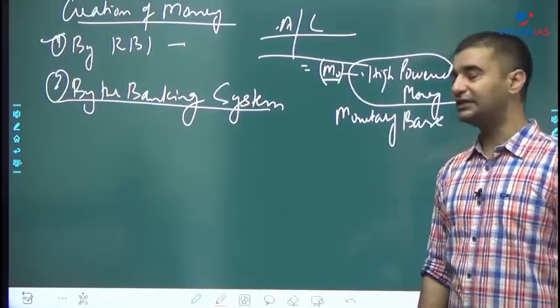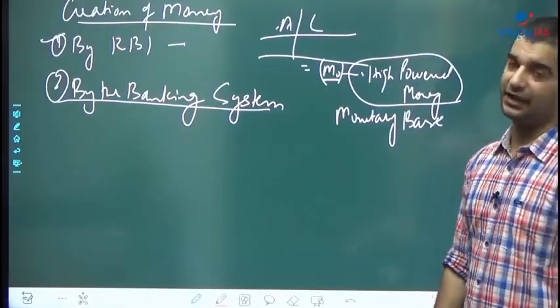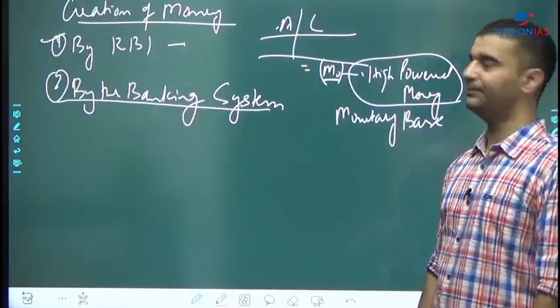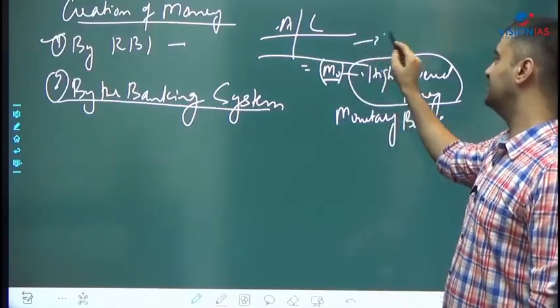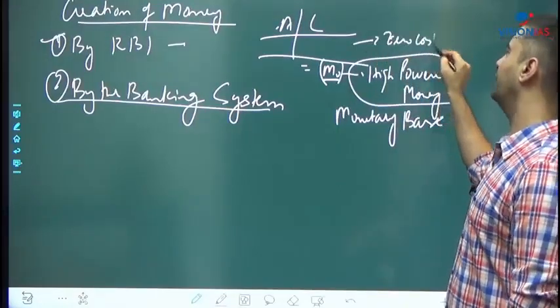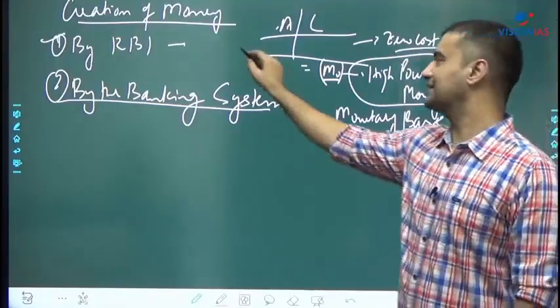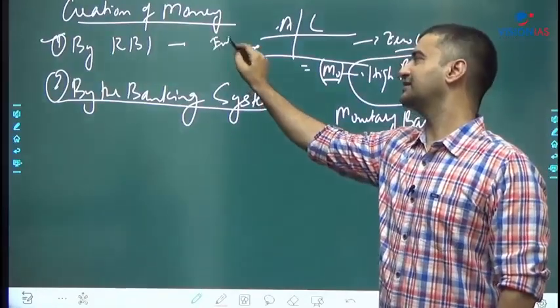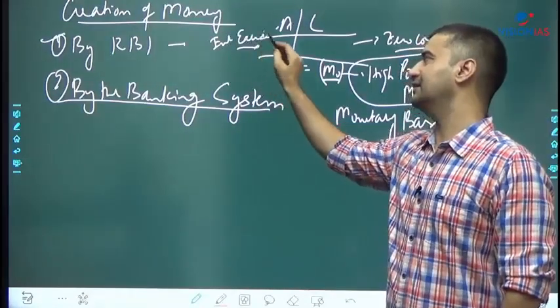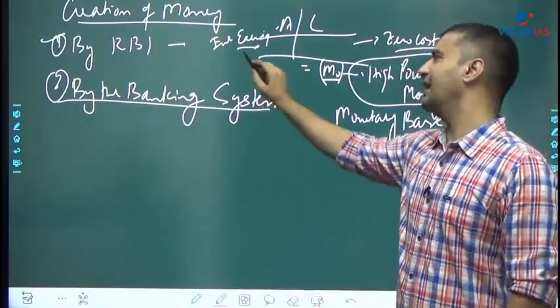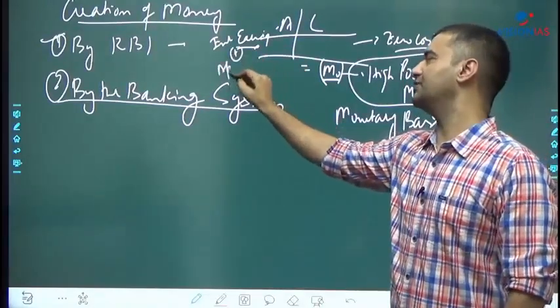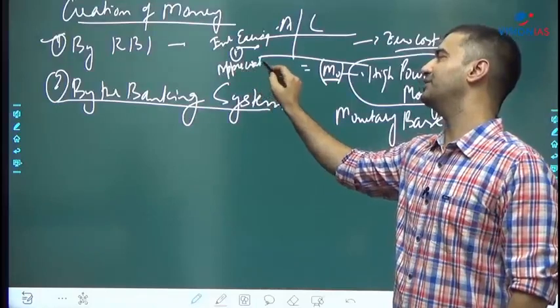We also discussed how RBI earns income and how RBI transfers that income. Liabilities are zero cost or very low cost for RBI, whereas assets are interest earning. Assets earn interest, plus assets also usually appreciate, like gold.